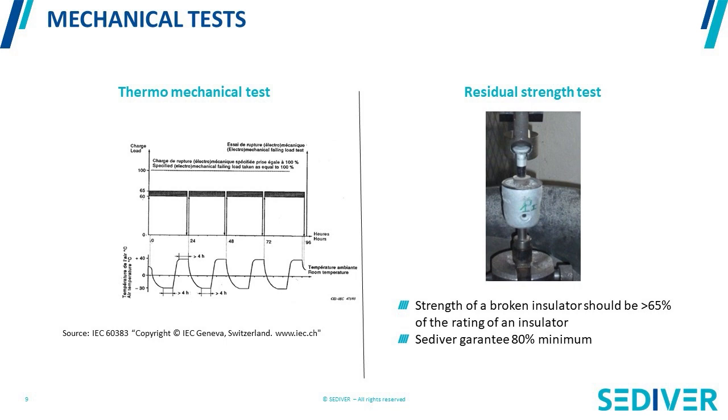You see on the graph at the left, the top graph shows that the insulator is subjected to a mechanical load for 24 hours. Then the load is released. Then it is reapplied for another 24 hours, and so on for 96 hours. So you have mechanical cycles which last 96 hours.